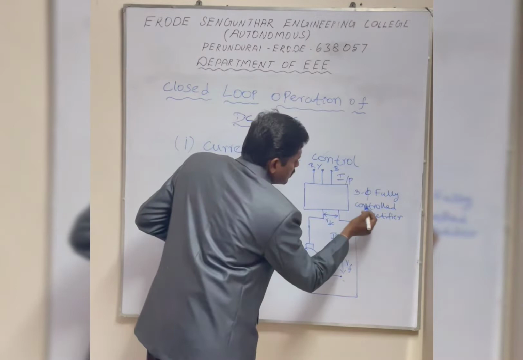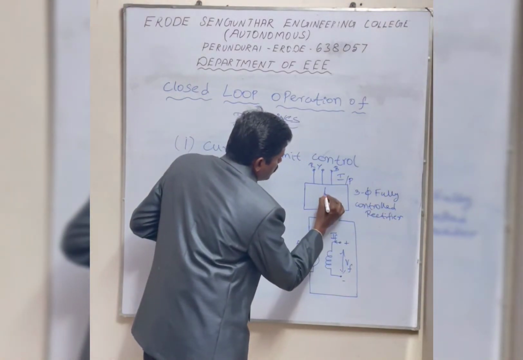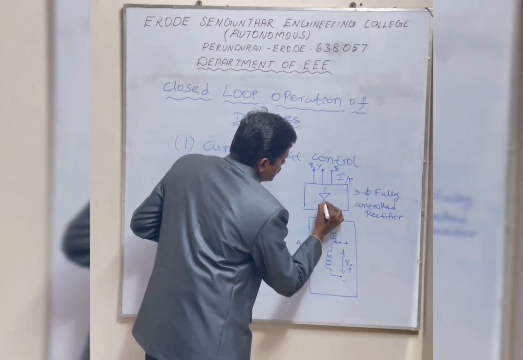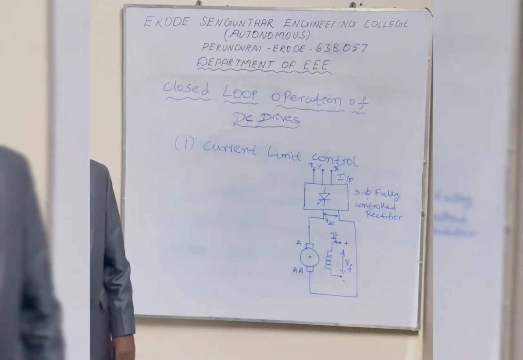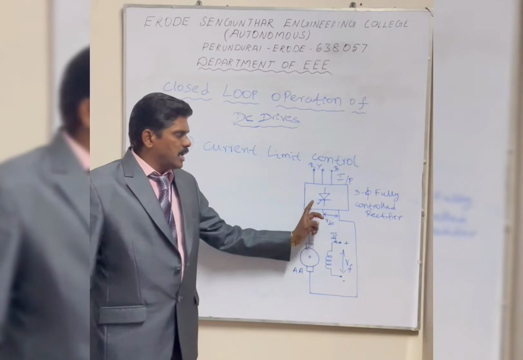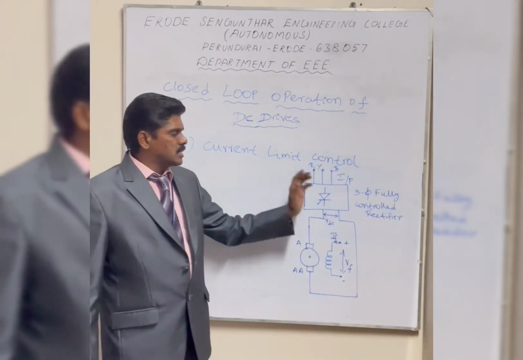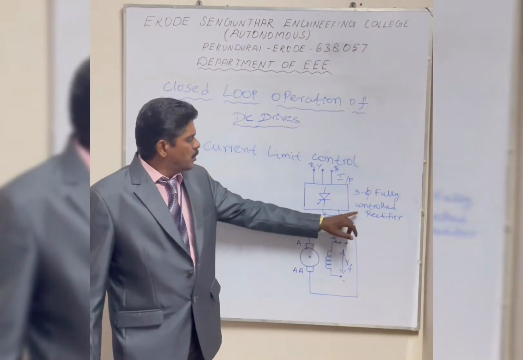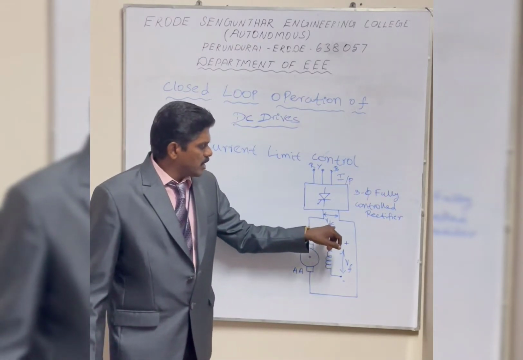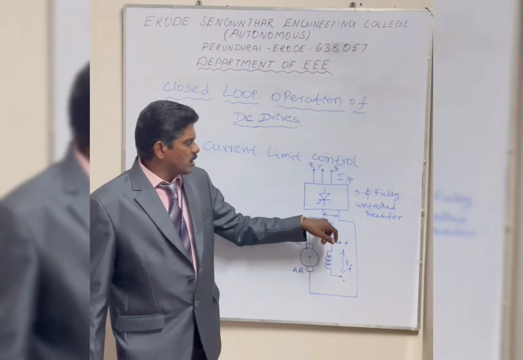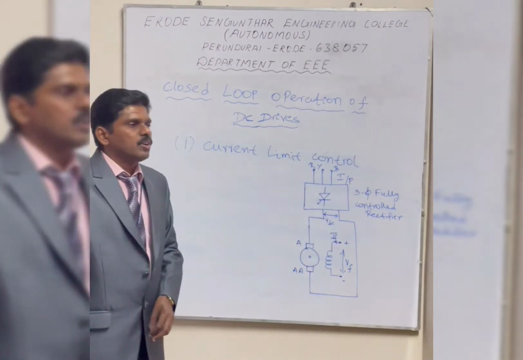This rectifier is a three-phase controlled rectifier, so the bridge circuit is constructed using SCRs or thyristors. By connecting six thyristors we can construct the three-phase controlled rectifier, which produces the average output voltage. That is called a three-phase fully controlled converter.